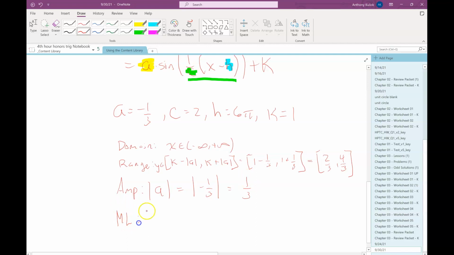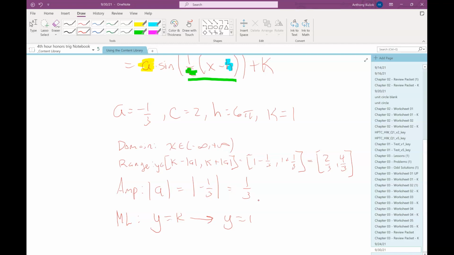What's the midline? It's y equals k. So in this case, it's y equals 1. Should be an equation of a line, not just a number, right? I know what you meant, but I see that frequently where people tell me the midline's a number, and it's like, well, no, not really. It's an equation for a line, so it needs a y equals on there.